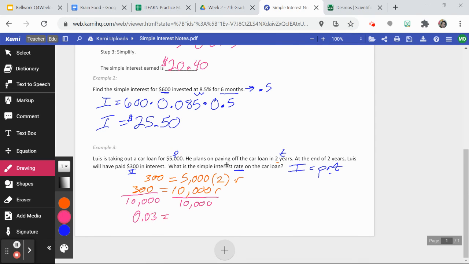So what do we do to turn that decimal into a percent? How many hops do you have to take? 1, 2. So it is R equals 3%.